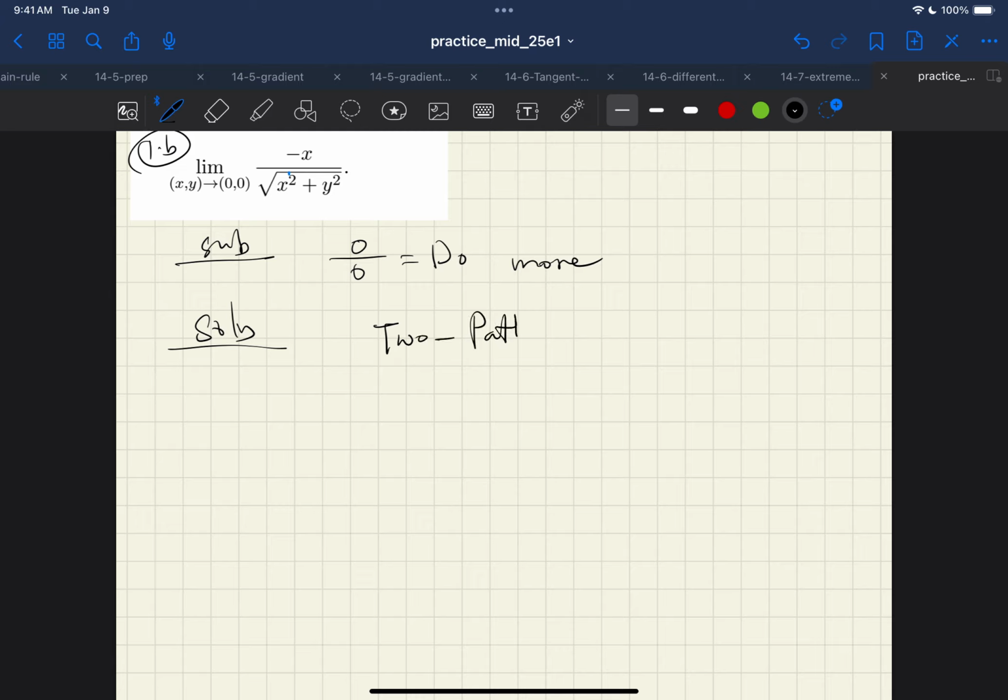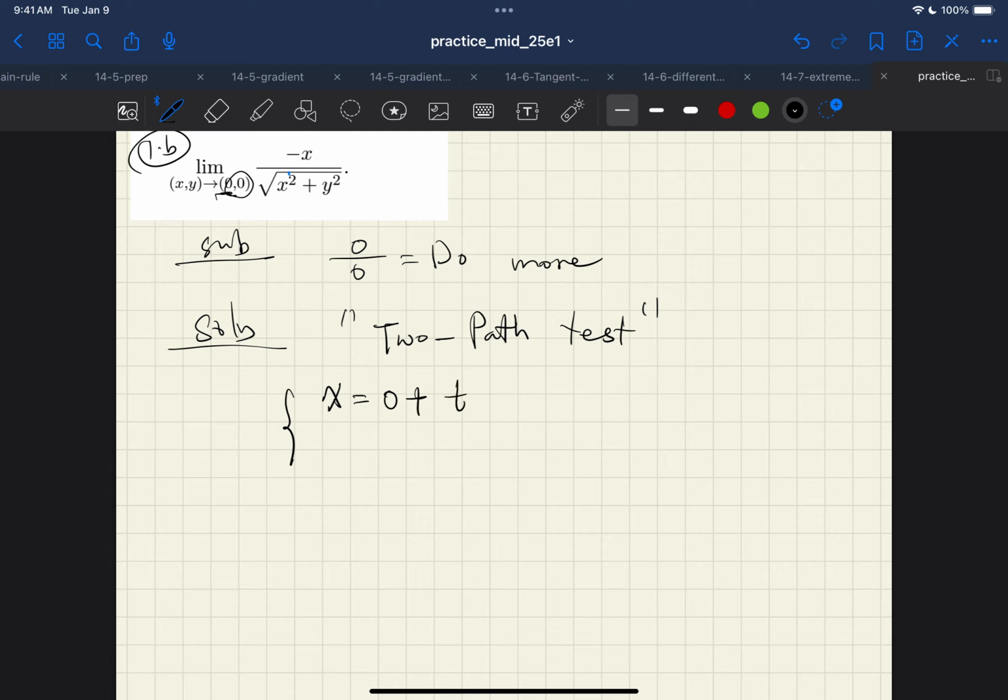the two-path test. Usually with the two-path test, we're going to give a curve which is going to the target point 0, 0. So at least two curves. The things we want to construct are parameterized: x equals x0, which is 0 here, times t.